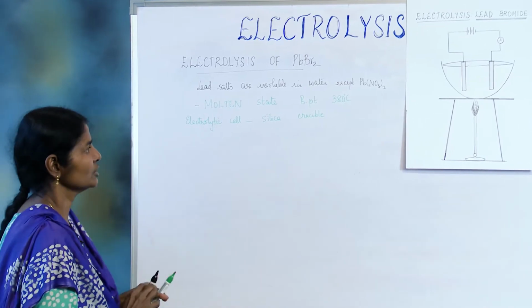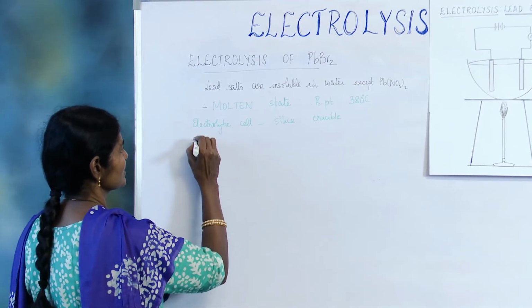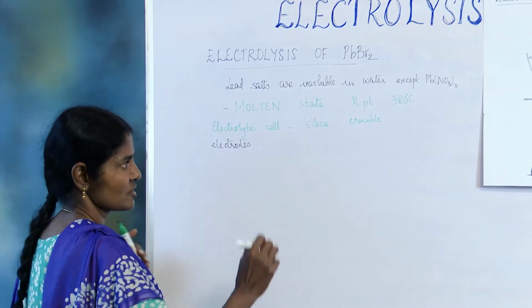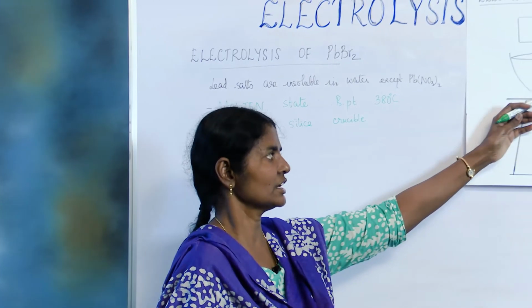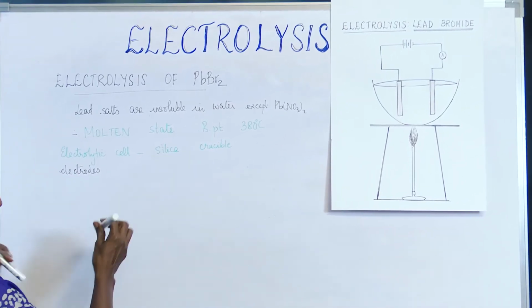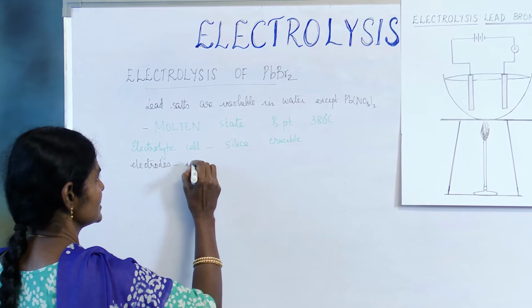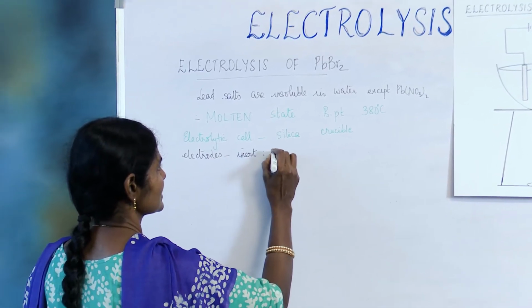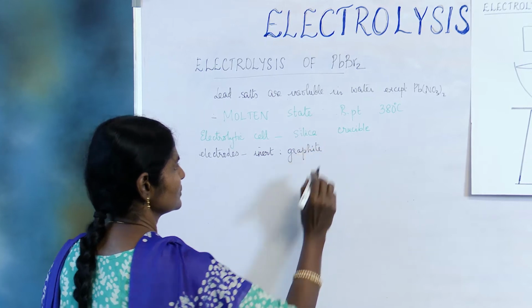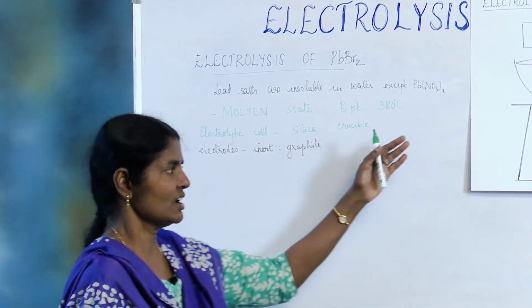And when you come to the electrodes, because the electrolyte, that is molten lead bromide, is reactive, therefore the electrodes are inert and made of graphite. Okay, so much for the apparatus.